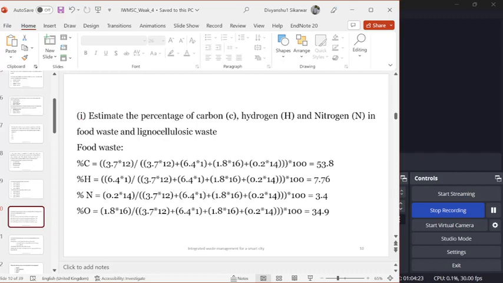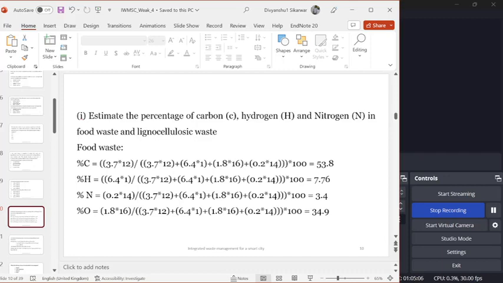Initially we take 3.7 into 12, which gives the weight of carbon present. 12 is the atomic mass and 3.7 is the number of moles, and we multiply to get the mass of carbon present in the food waste, and we divide it by the total amount.